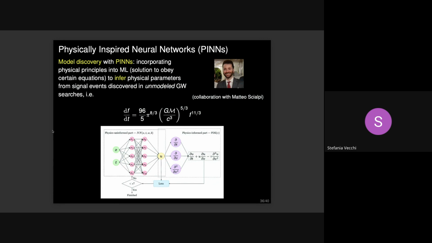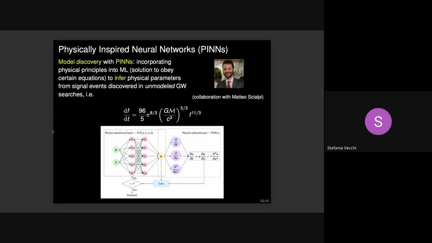Something that is called a physically inspired neural network. This is a neural network that is not just a composition of stupid neurons, but it also has some physical laws built in. One can think about this as a neural network inside a differential equation.